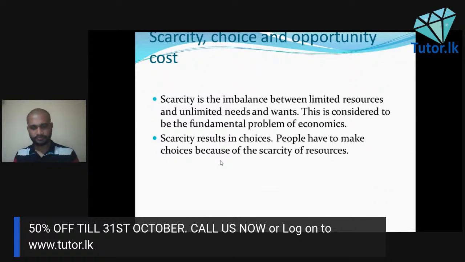So the availability of labor is 50 employees, and they have identified four projects, and each will require 50 employees. Can they do all the projects? They want to do all the projects, because the projects are profitable, so they need to grab the opportunities. But due to the limited availability of resources, they can't go ahead with all the identified projects. So what's the next option?